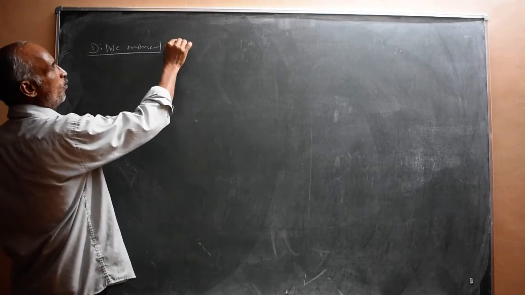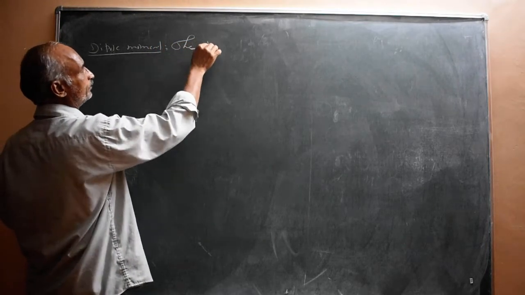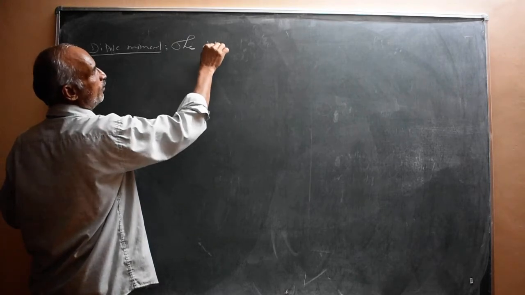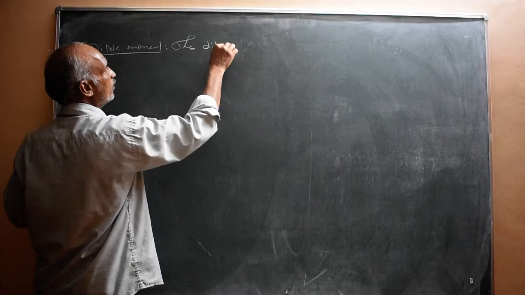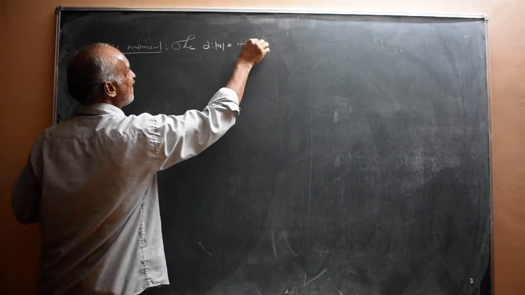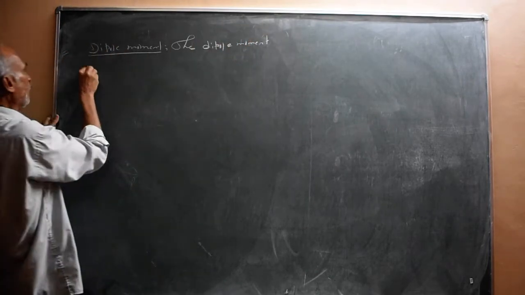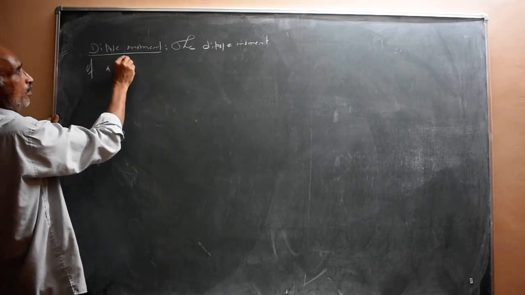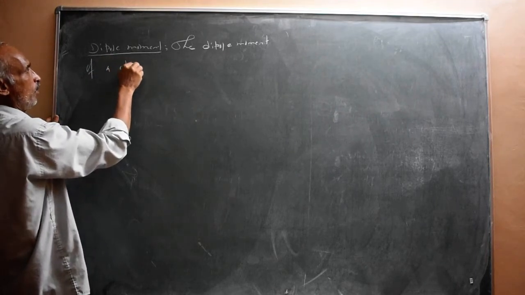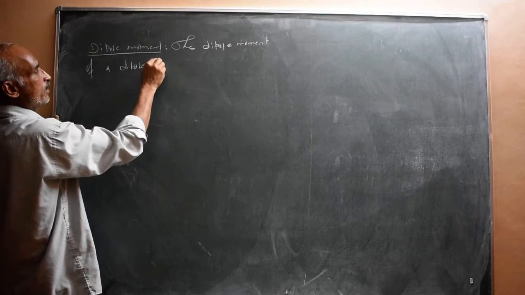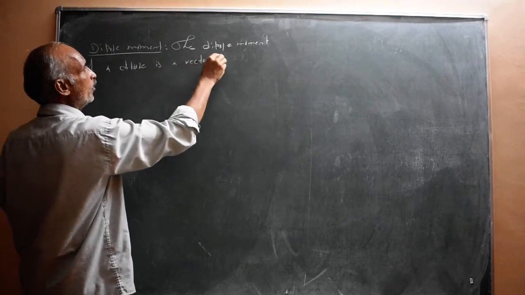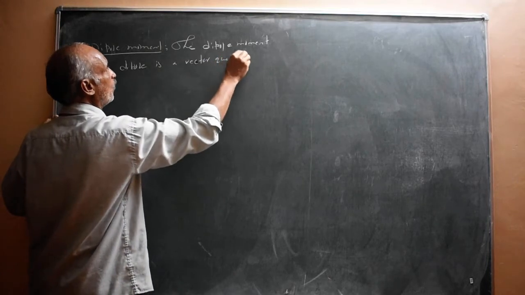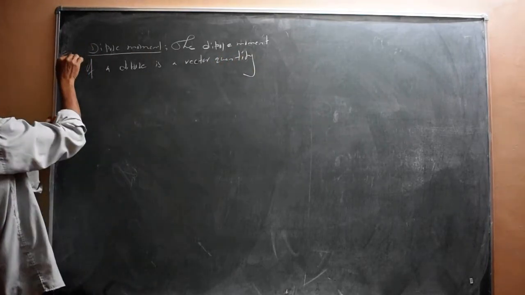Write down the definition: the dipole moment of a dipole is a vector quantity. Put a double star for this definition.